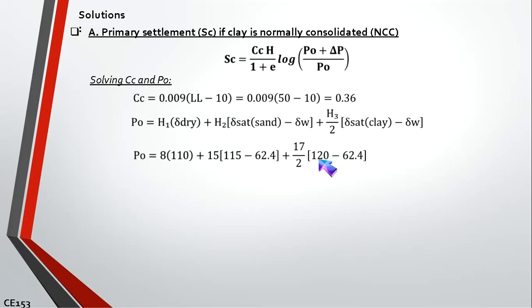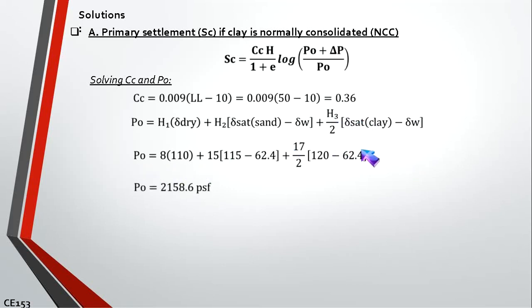Since our unit here is pounds per feet cubed, we use 62.4 for the unit weight of water. If it is kilonewton per cubic meter in SI, the value of the unit weight of water is different, which is 9.81.